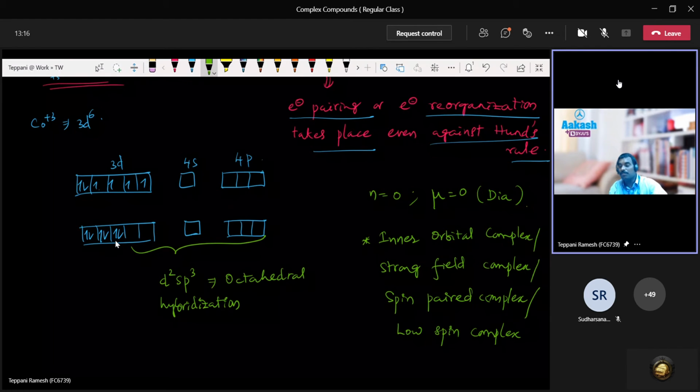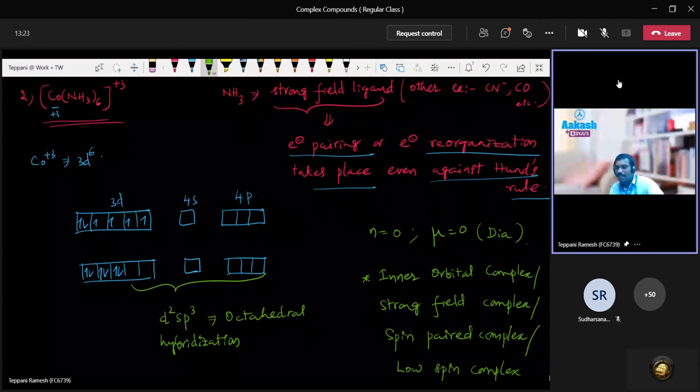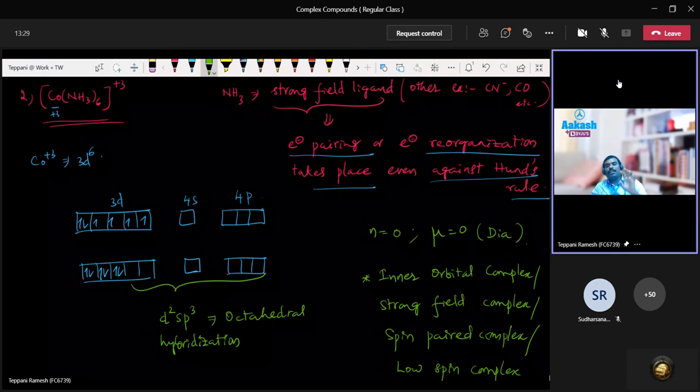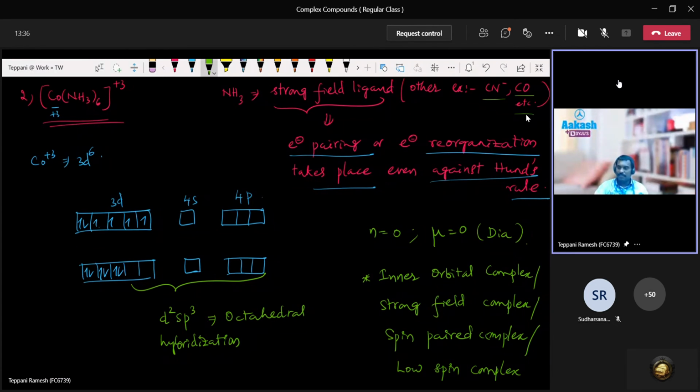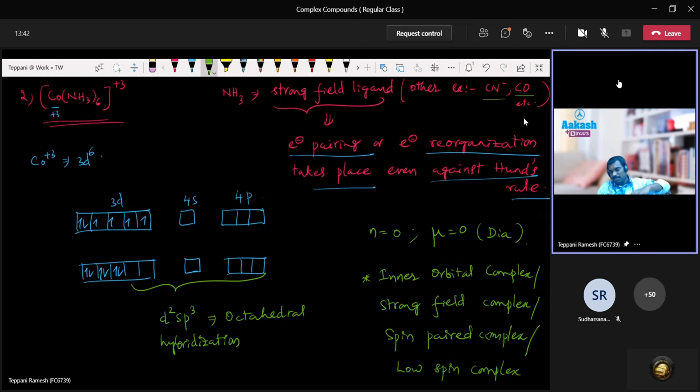That became 0, so low spin complex. The explanation, write this. In a strong field, pairing occurs; in a weak field, pairing does not occur. Other examples for strong field I also provided here. You remember what I provided as strong field and weak field? Accordingly, you answer.